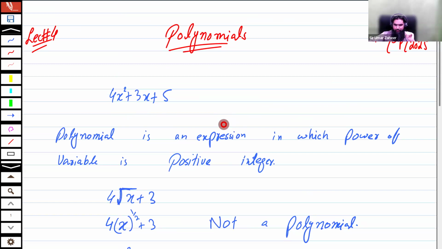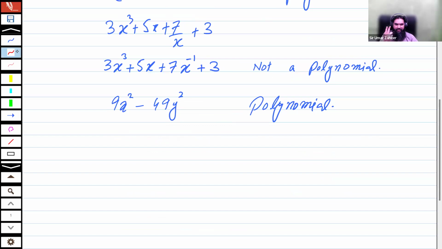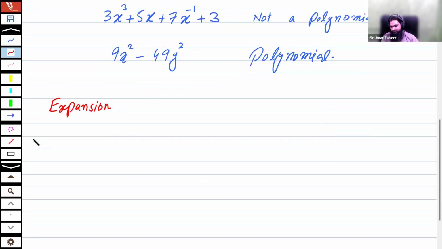Okay, till here we just have to understand what a polynomial is. In P1, there are two things that we need to do that you already did in your IGCSE. We are just revising it here, and the hardness of the question is going to be a little bit more. That is expansion, and the second thing is factorization.